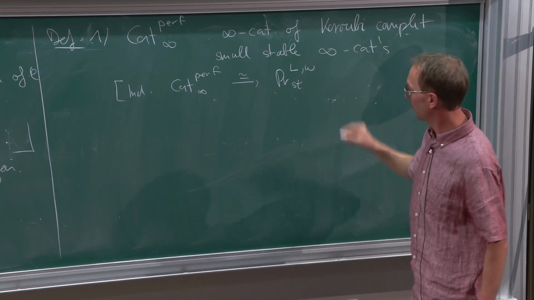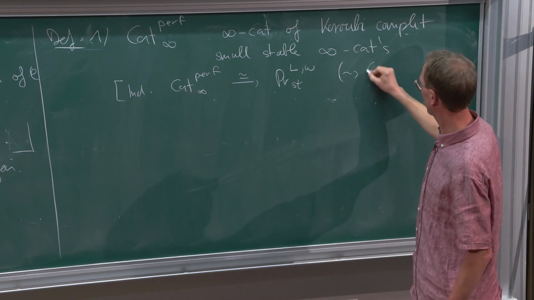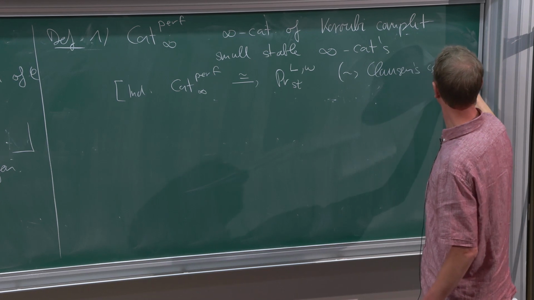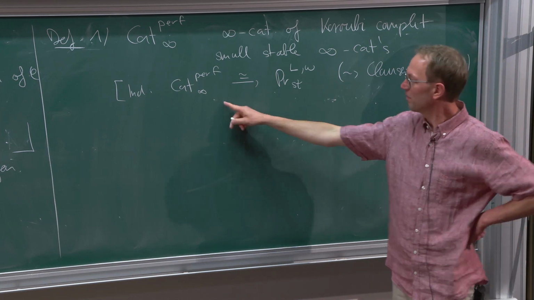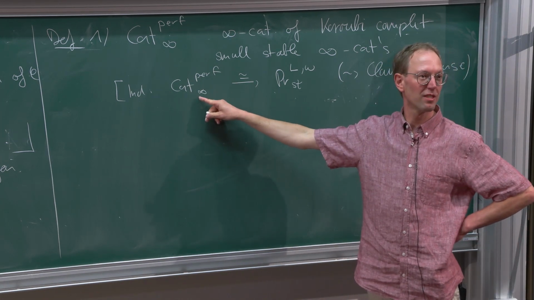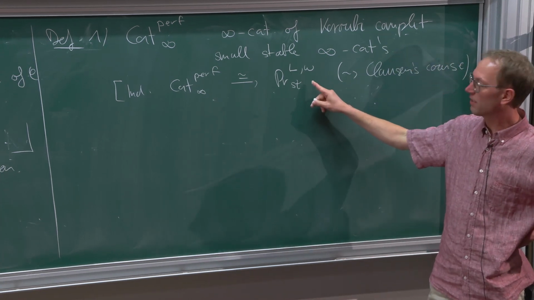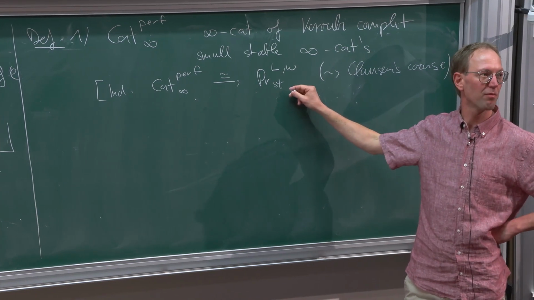And maybe let me also point here to Dustin's course. Maybe I will do this again later. So the point is that in K-theory we can plug in these perfect categories, but we could also plug in these large categories by first passing to compact objects.